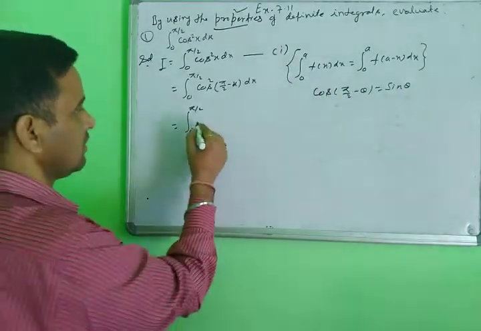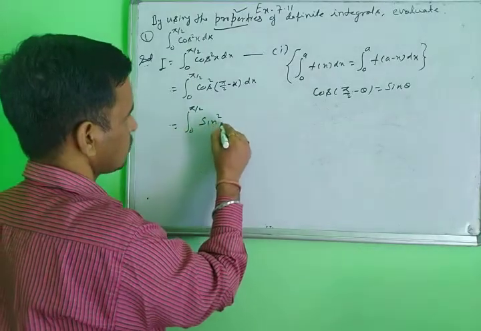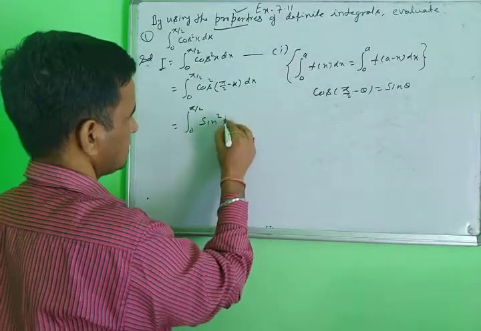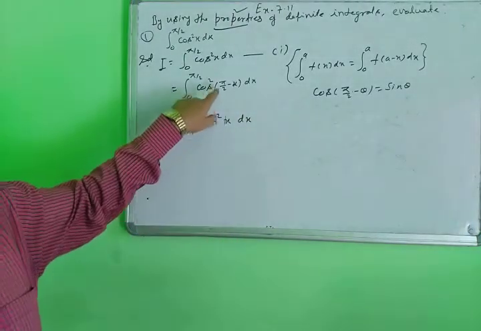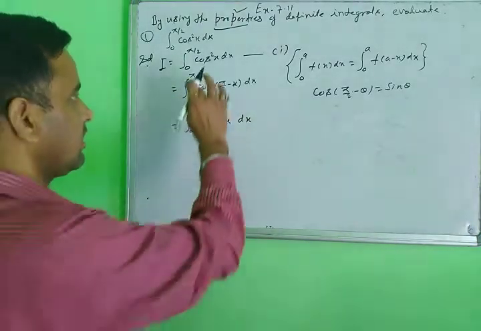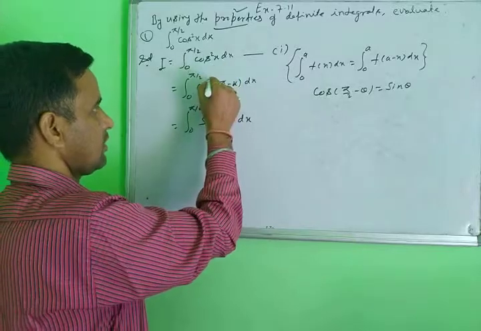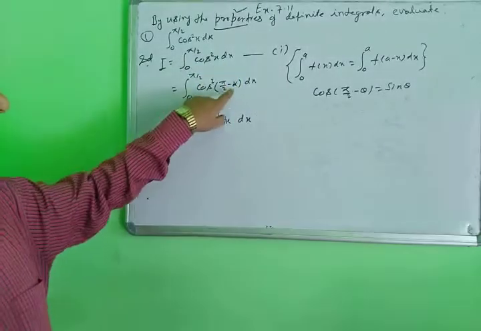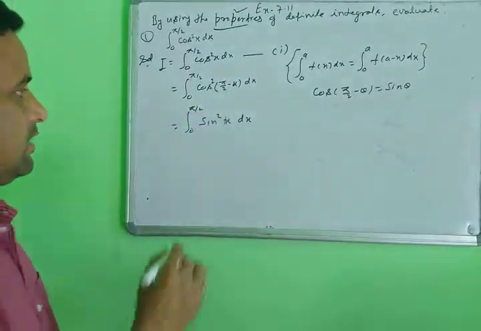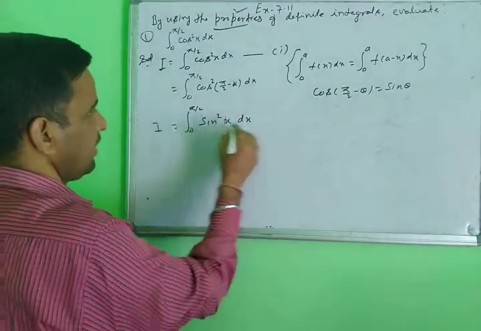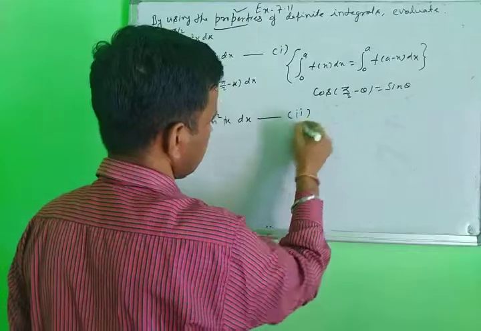So sine square x dx. If you put the square here, you write the square there also. So cos square (90 minus theta) becomes sine square theta, and this becomes equation second.